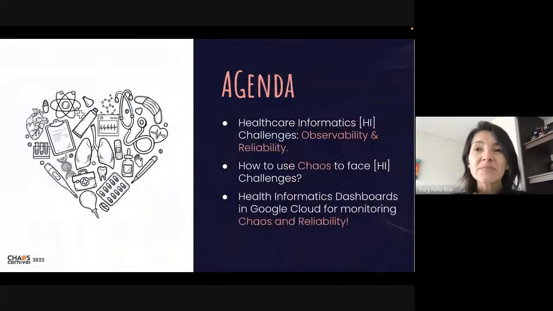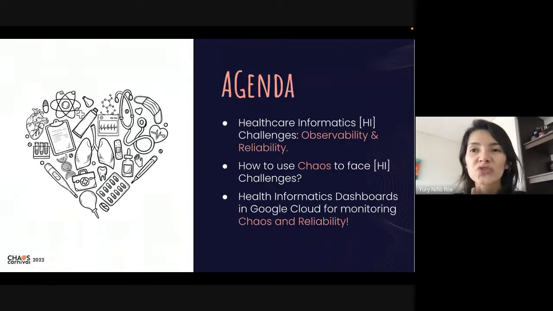So in the next minutes, I am going to talk about a topic that has caught my attention since some months ago. Like me, probably many of you don't know what is healthcare informatics. So I am going to start with some definitions about this. In this part, I am going to present the challenge that as engineers we are facing in this field.